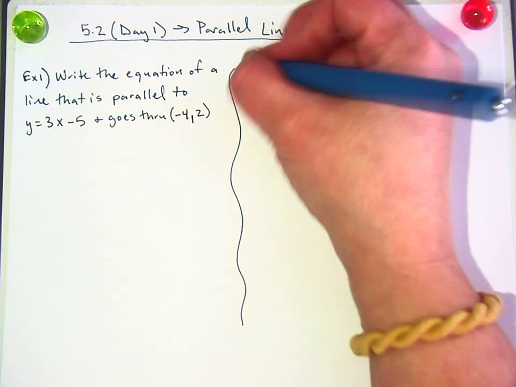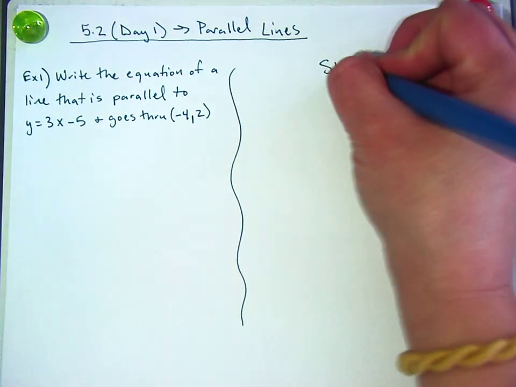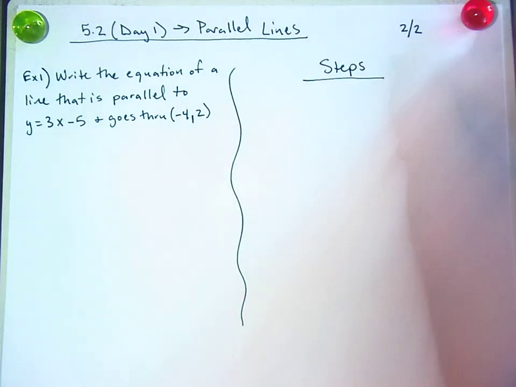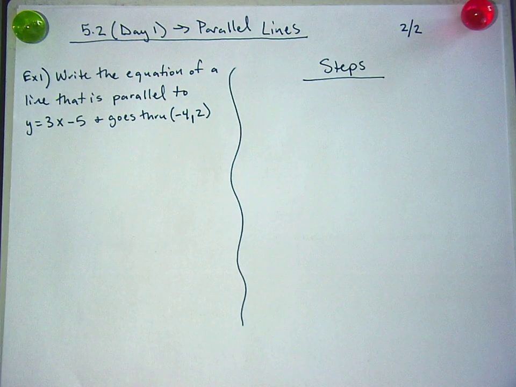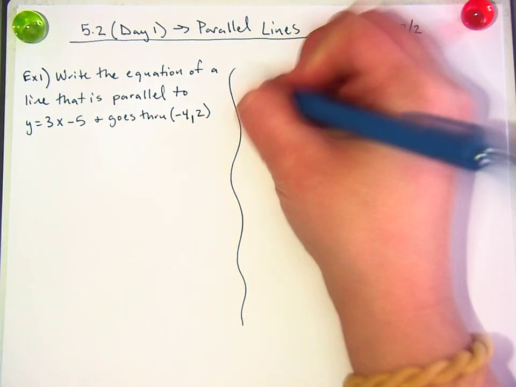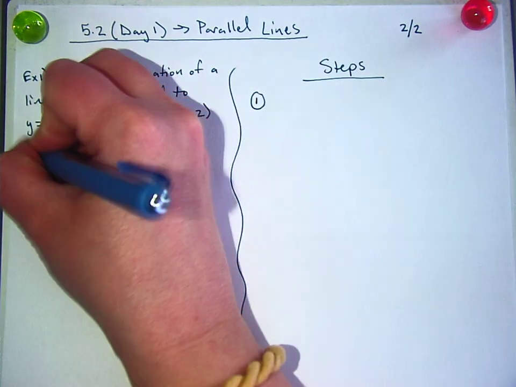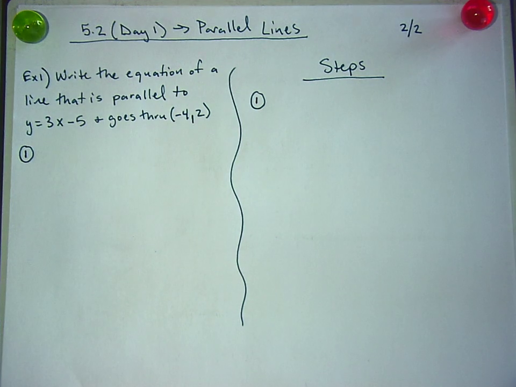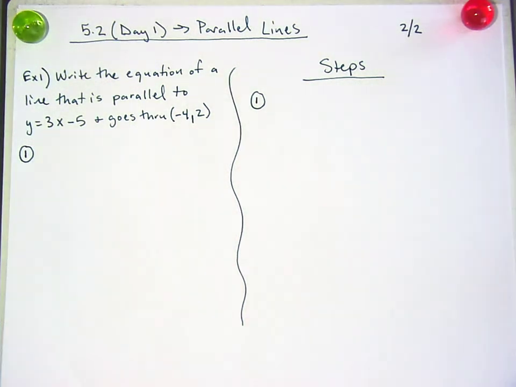Over here, I'm going to write steps for writing the equation of a parallel line. Now, when we have a y equals mx plus b line, our goal is to get the m and the b, right? What can you tell me about parallel lines again? They never cross. They have the same slope.